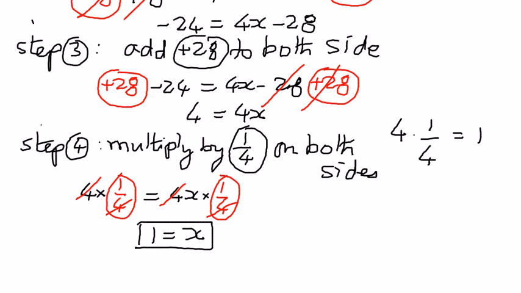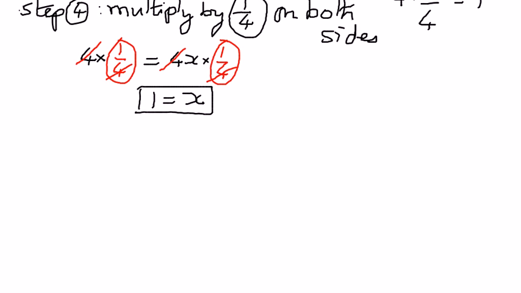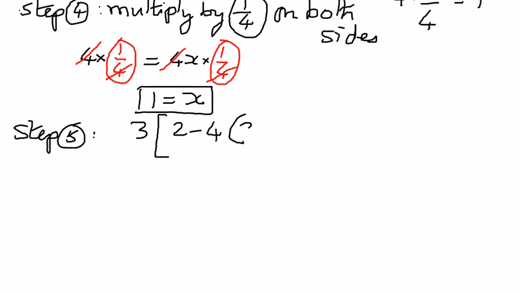Now that we have arrived at the solution, we should be able to check our work. In this next step, we will show you how to check the work. The given problem is this. The given equation is 3 times 2 minus 4 times 2x minus 1 is equal to 4x minus 10. If this is the problem we have, when x equals to 1, the value we've obtained on the left hand side should equal the value we obtain on the right hand side.